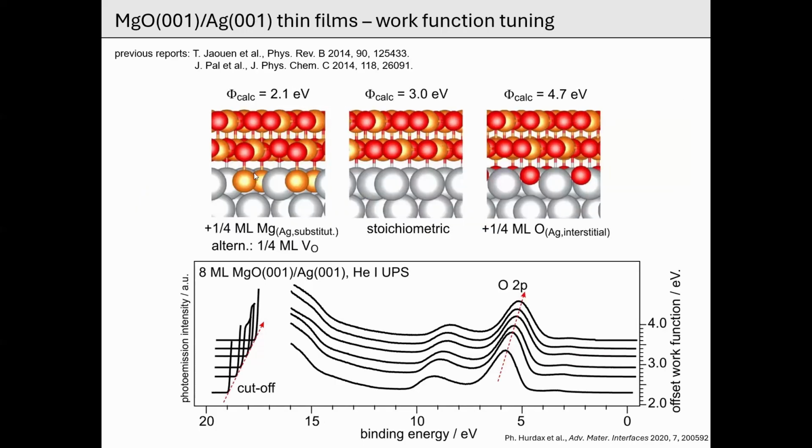If we put, for example, magnesium into these substitutional sites on the silver, we get a work function of 2.1 eV. For our stoichiometric one, we get 3 eV. And if we put interstitial oxygen at silver, then we get 4 or even higher eV work function. And actually, this can be tuned quite continuously by just varying the preparation conditions, in this case, oxygen pressure.